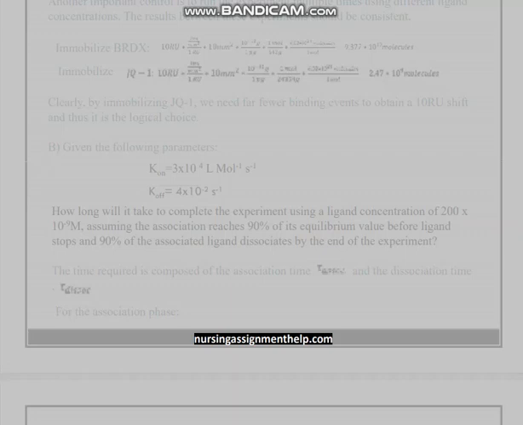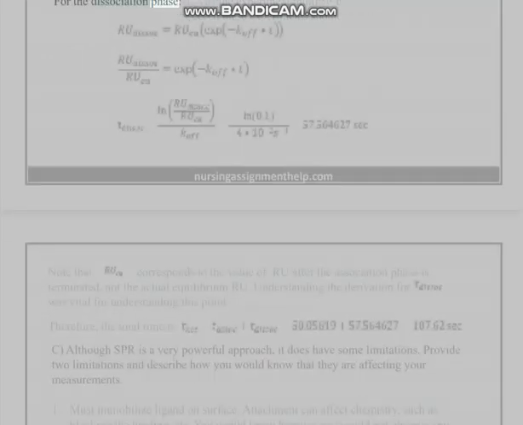How long will it take to complete the experiment using a ligand concentration of 200 × 10^-9 M, assuming the association reaches 90% of its equilibrium value before ligand stops and 90% of the associated ligand dissociates by the end of the experiment? The time required is composed of the association time and the dissociation time, for the association phase, and for the dissociation phase.